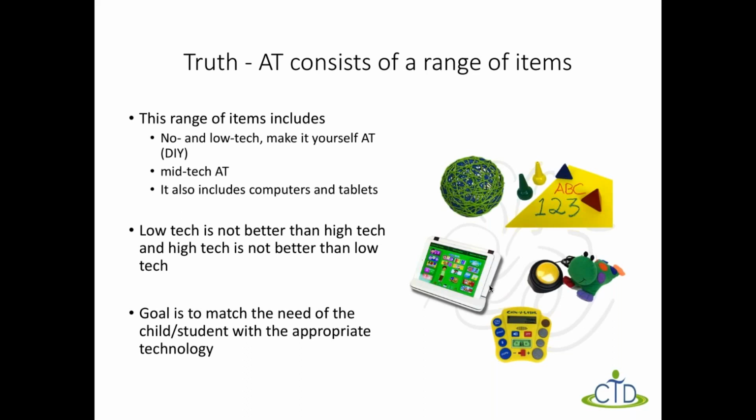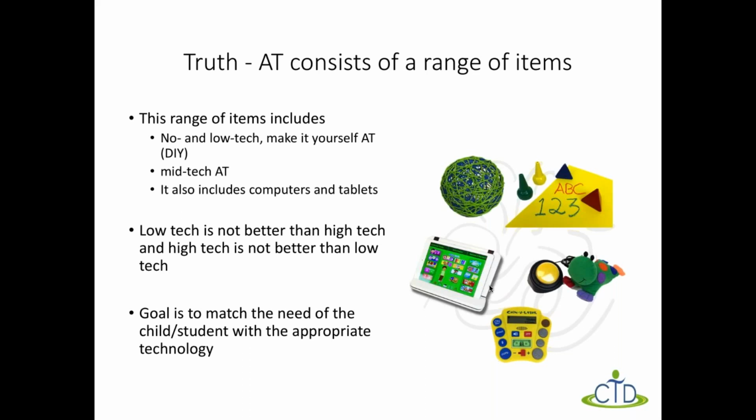So we can find technology with no batteries, no wires. We can make technology. We can buy assistive technology. And as we move up this continuum, things become a little more complicated. They have batteries, wires, moving parts. They might talk and have bells and whistles.